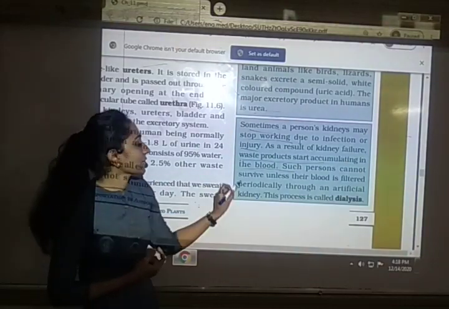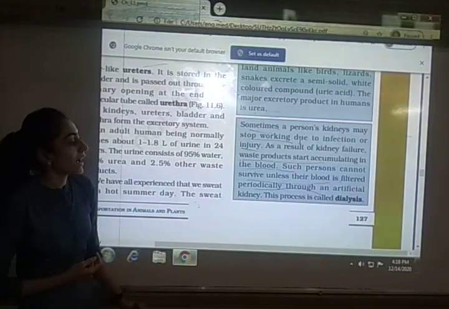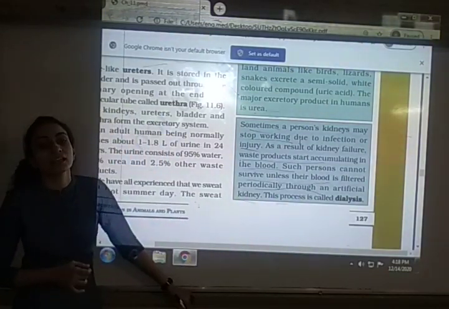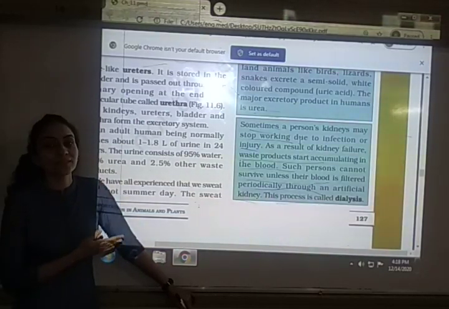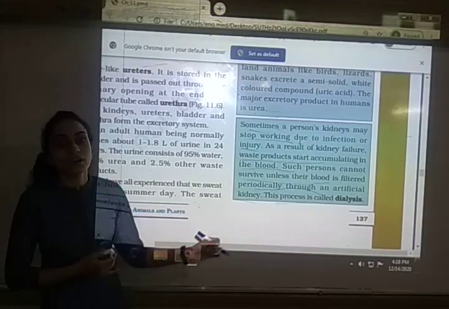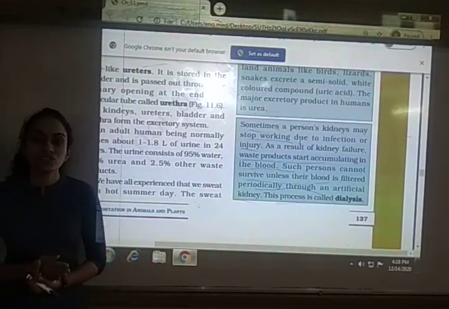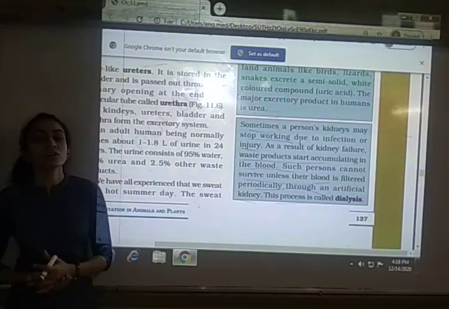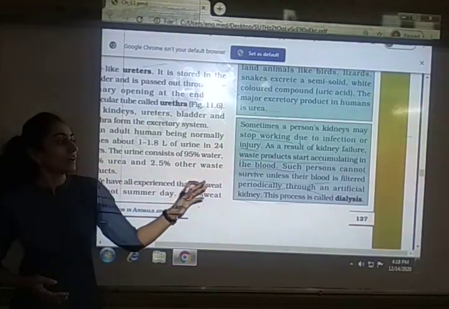Such a person cannot survive unless their blood is filtered periodically through an artificial kidney, and this process is known as dialysis. You might have heard this word. If a person is suffering from kidney failure caused by injury or infection, the waste product is not removed from the body and starts storing in the blood.